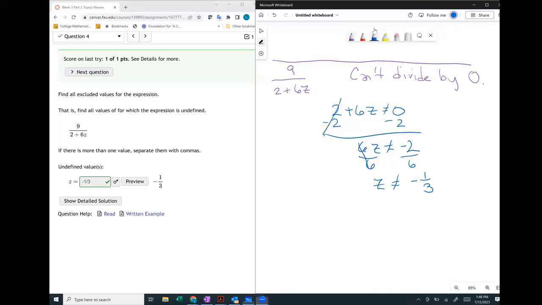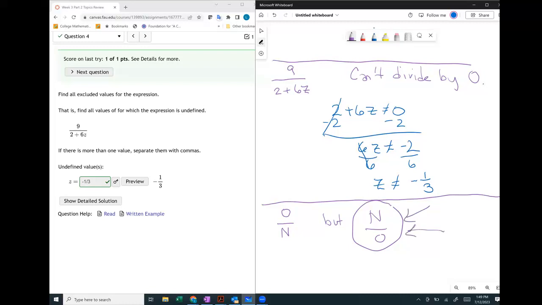I can divide 0 by any number, but I can't divide a number by 0. So notice what it says. Okay, so the denominator cannot be 0. Big old no.